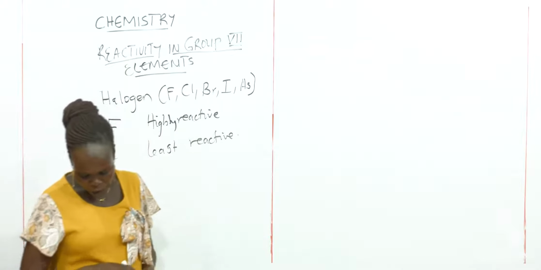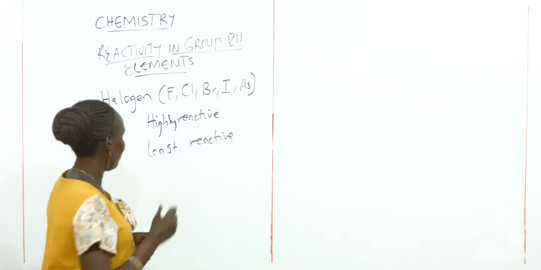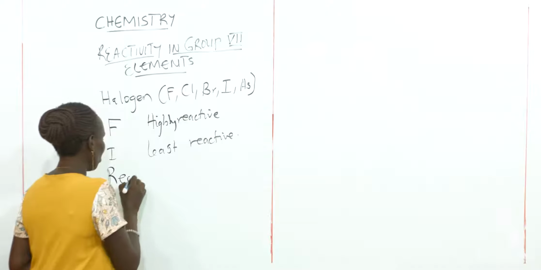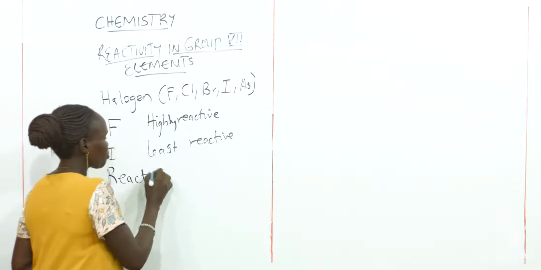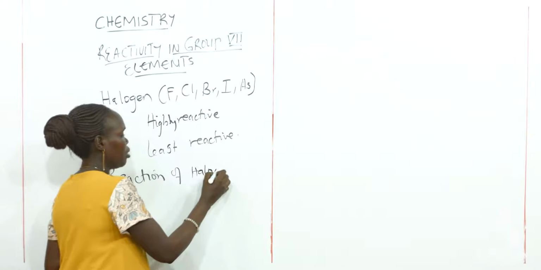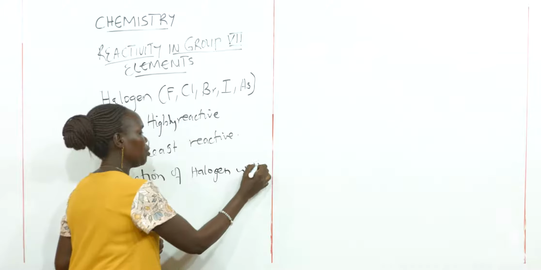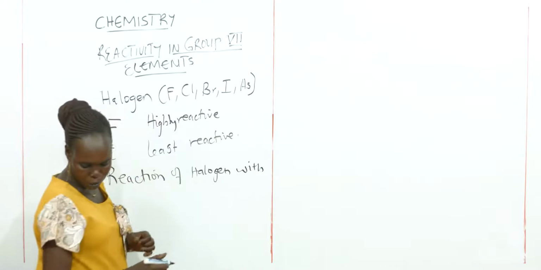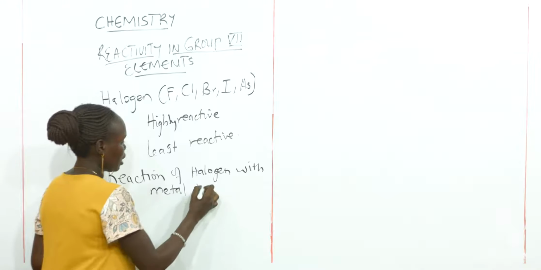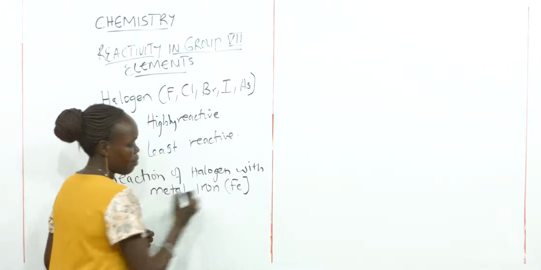When you have the reaction of halogen with the metal ion, the first reaction is the reaction of one of the halogens with the ion or metal ion. Here we write the metal ion's symbol as Fe.